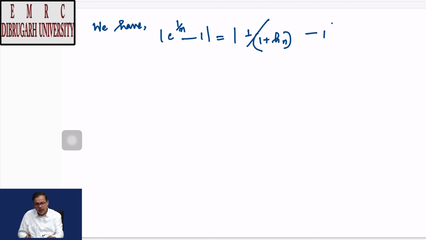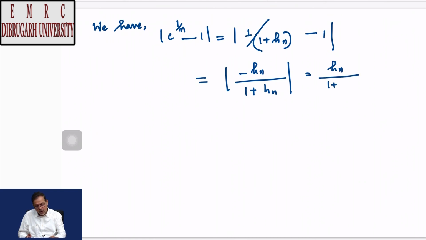We have c to the power 1 by n minus 1 equal to 1 by (1 plus hn) minus 1, and that is equal to minus hn by (1 plus hn) after simplification, in absolute value, and that is hn by (1 plus hn), which is less than hn, and that is less than 1 by nc, by whatever we have obtained.